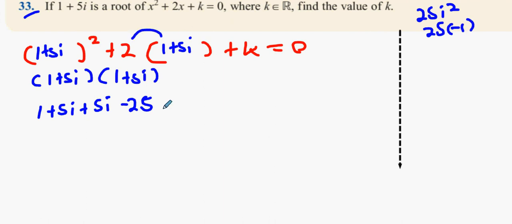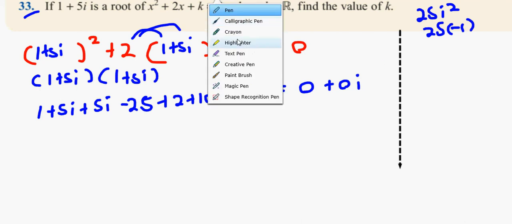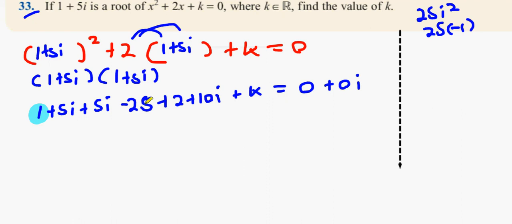Alright, 2 times 1? 2. Plus 10i. Plus 10. Equals 0. I can do the 0 if I want, but you find it's not necessary. Now, this one, this one, this one, and this one. Cormac, what have I done there? Which ones have I highlighted? The real numbers.